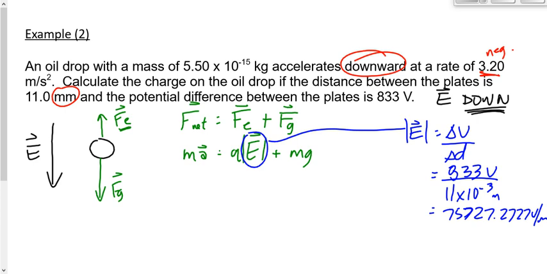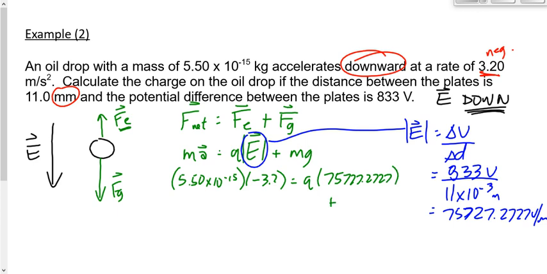Now let's sub that in. We have 5.50 times 10 to the negative 15 kilograms for the mass. The acceleration is negative 3.2. Charge is what we're looking for here. The electric field strength is 75727.2727. Mass is, once again, 5.5 times 10 to the minus 15 times gravity, which is 9.81.